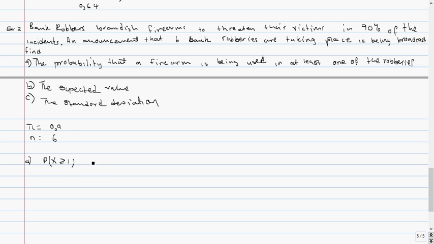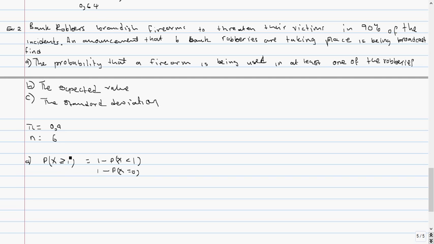Now this is the same as 1 minus the probability of x being less than 1. There's only one discrete value left, which is 0. So 1 minus P(x equal to 0) will give us this probability.